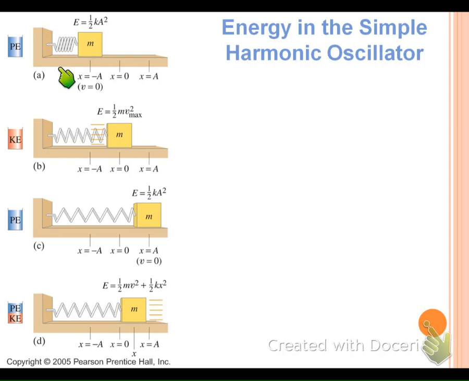So we've reached our maximum here, which means the spring has only potential energy. As it's released and reaches its equilibrium point, it has only kinetic energy because it's all in motion. It has no more potential. As it reaches the other maximum, this is its maximum stretch, it's reached its turning point.